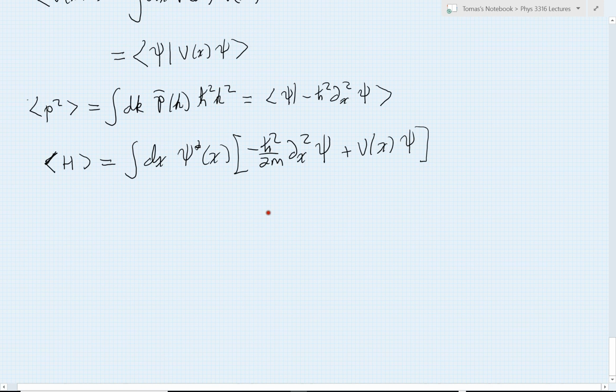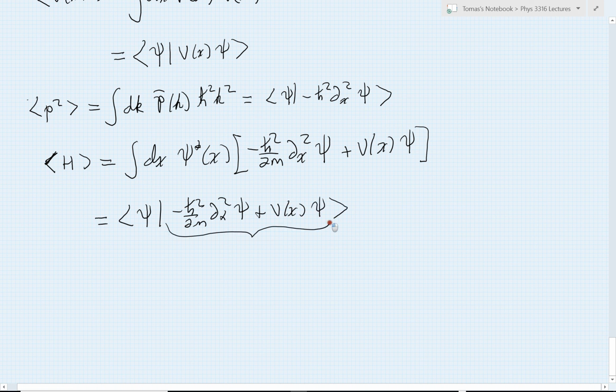And we know then that we can write this as an inner product, right? This would be psi, and then I have this expression, minus h bar squared on 2m d squared by dx squared of psi plus V of x multiplying psi. And we know, therefore, that this must represent the action of this Hamiltonian operator on my wave function. So that defines that operation.